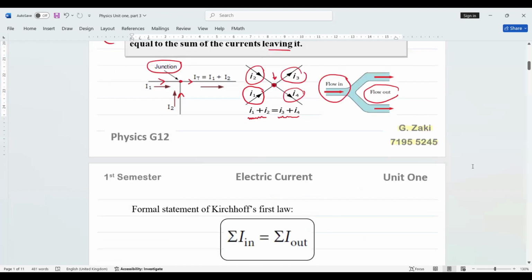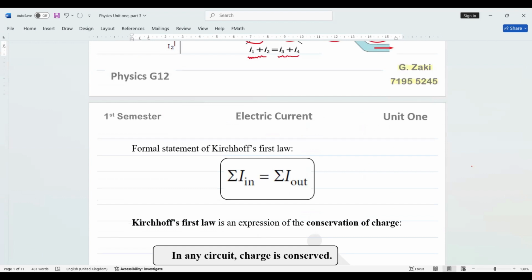This is the mathematical formula of Kirchhoff's first law. The sum, denoted by this summation, of currents in equals the sum of currents out. Current means charge at the same moment.